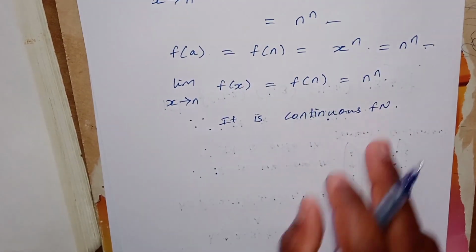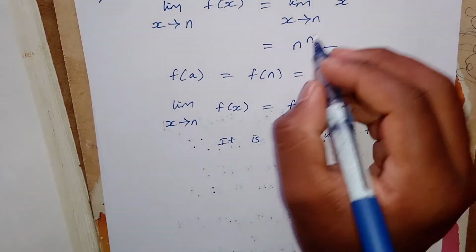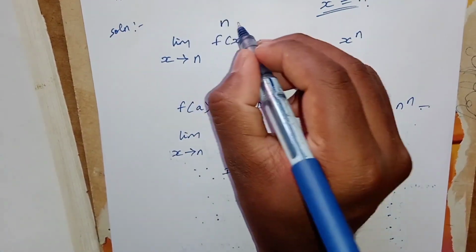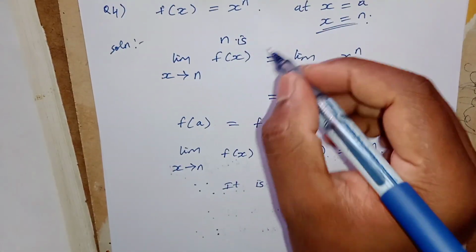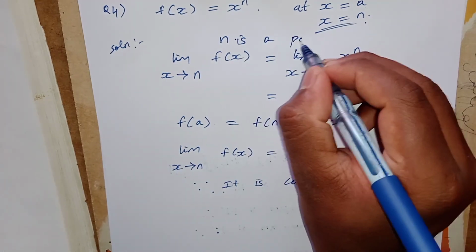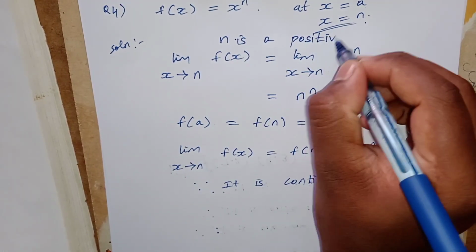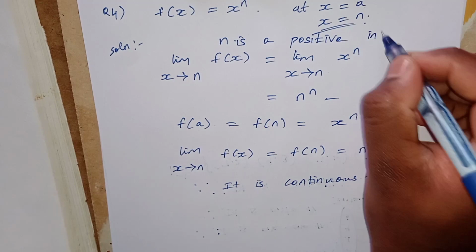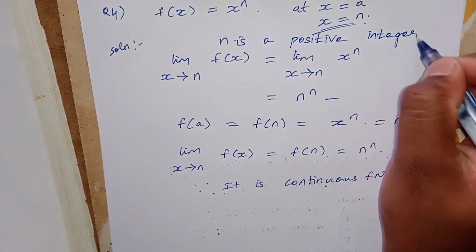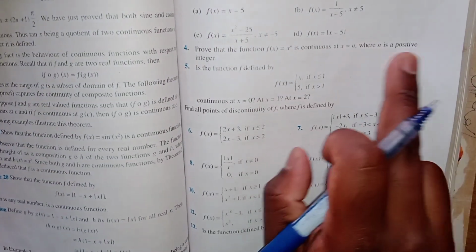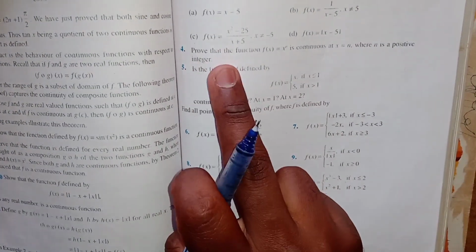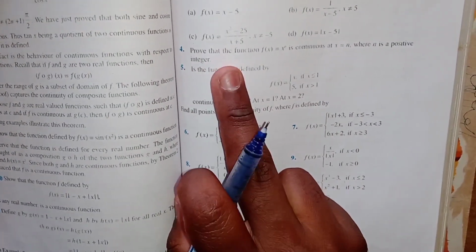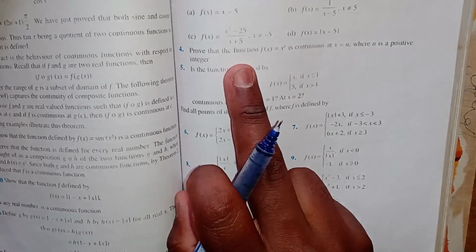Next, finally you should write here n is a positive integer. It is given. Okay, the given you should write. Okay, n is a positive integer. Okay, I hope you all understood question number 4.